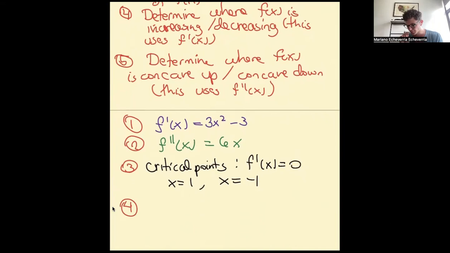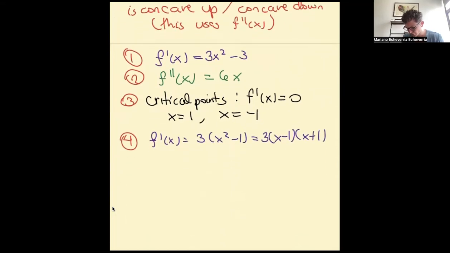Step 4 is determining where the function is increasing or decreasing. That requires the first derivative. What we had to do in step 4 was to analyze the first derivative. To analyze it, you make a line.